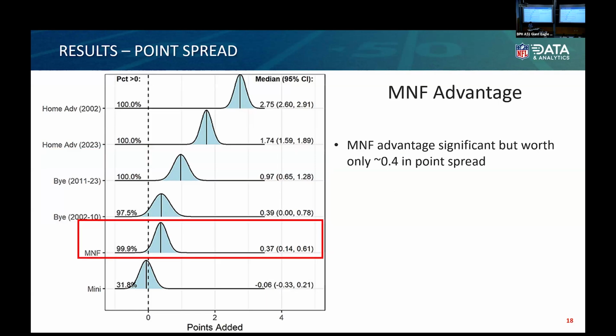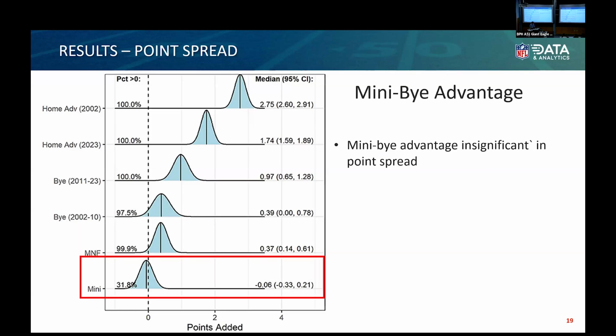MNF advantage, in point spread, was also significant, although the value was around 0.37, which is not particularly high. That was also a little surprising. And then mini buy was basically worth 0. So Thursday Night Football, both in point spread and point differential, is insignificant and worth not many points, according to both models.